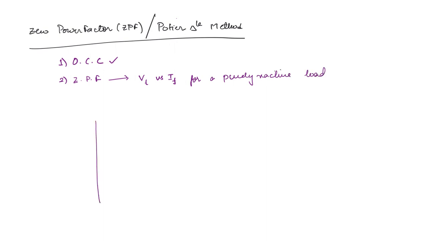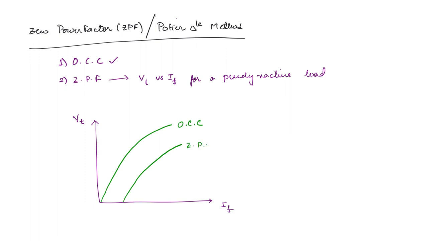So if you plot both the characteristics on the same graph, here you will have the terminal voltage and the field current. Now the OCC is going to look something like this. The ZPF is going to be exactly similar to the OCC, just slightly shifted to the right side. So this is the ZPF.